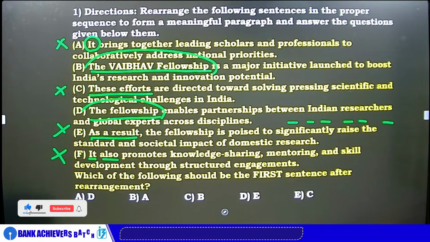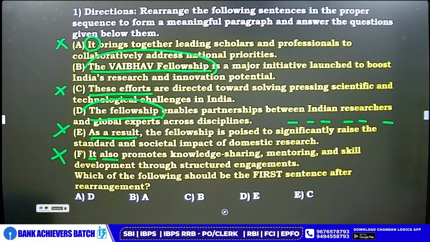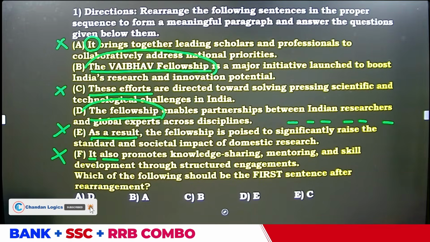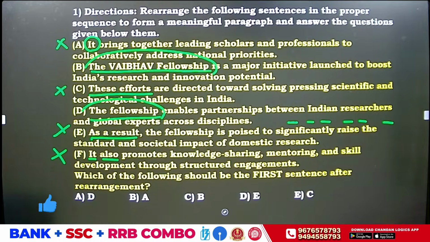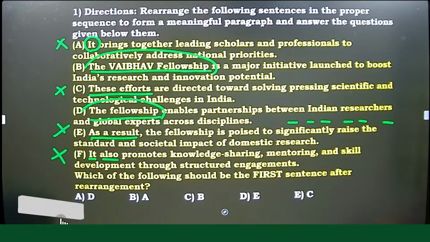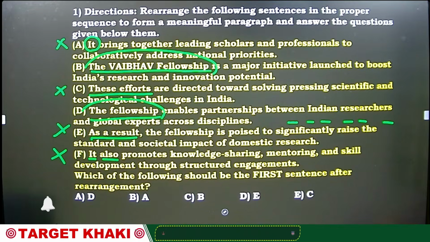It's easy to find the B, but what about the other statements? Yes, guys, make it fast.